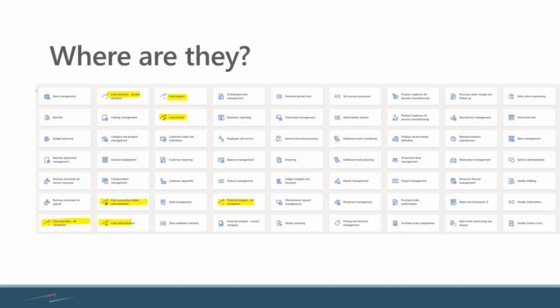So where are some of these dashboards right now? Pretty much anything that has this funky little arrow is going to be Power BI enabled. Just about every release, every 2 releases, we're seeing an addition or an expansion to these workspaces and splash screens.